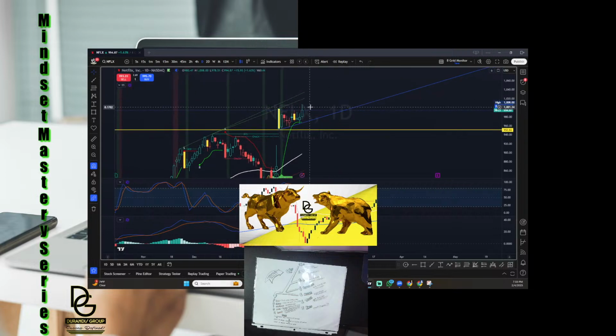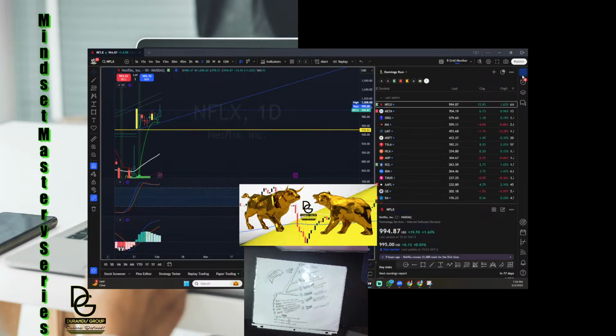I don't think we're going to hold above 1,000, but just in case we do, this would be a good area for us to look for a rejection inside of the market, because they're trying to push this bad boy up, but I don't think they got enough. They might need to come back inside of this gap a little bit.